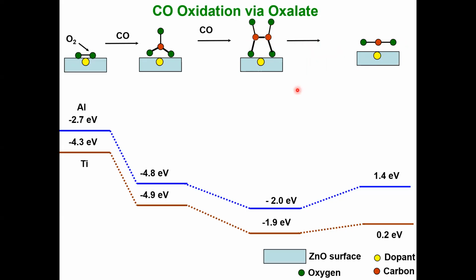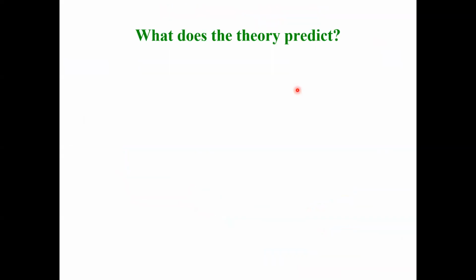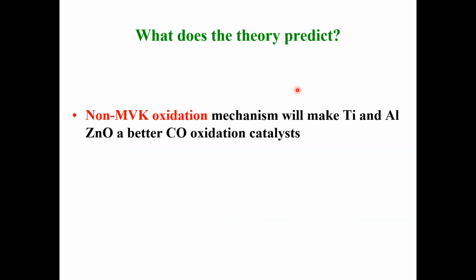So how do you do this study? I envisage different reaction pathways and explore the energetics of different pathways. So what does the theory predict? We predicted a non-Mars van Krevelen mechanism. This was very controversial. Whenever I used to go to conferences, there were lots of questions.